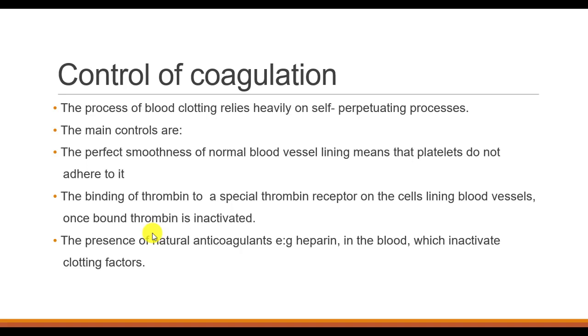So there is a special receptor on which thrombin binds, and it inactivates the thrombin which is already bound to it. So it basically acts as a counter to the fibrin clots, and it inactivates the clots in that manner as well. So the last point is that there are a few natural anticoagulants in the blood which inactivate the clotting factors. These are heparin and other natural anticoagulants which are already present in the blood.